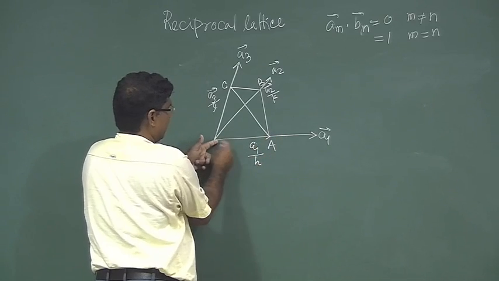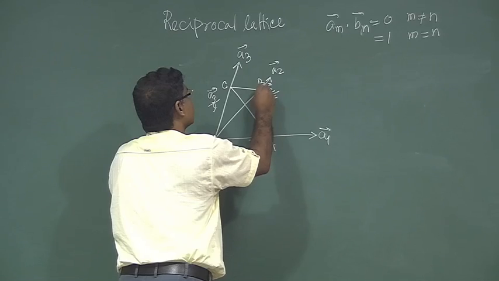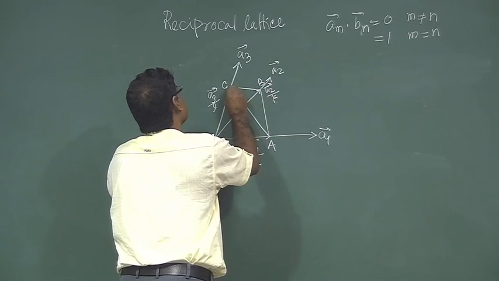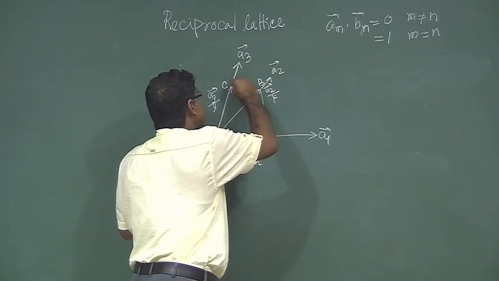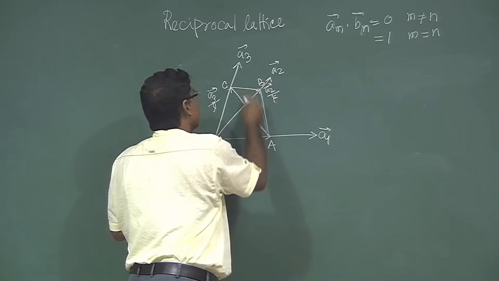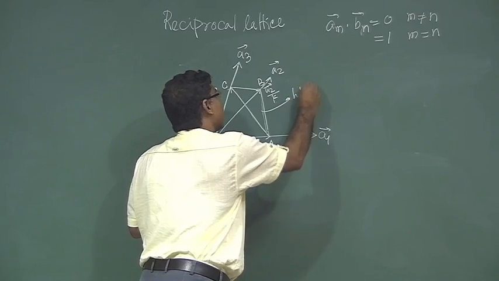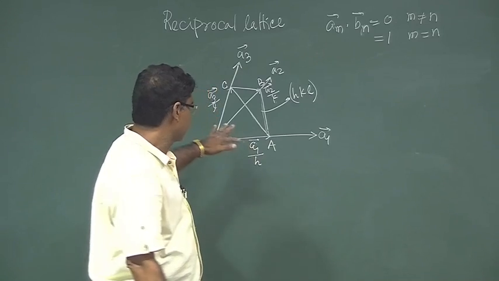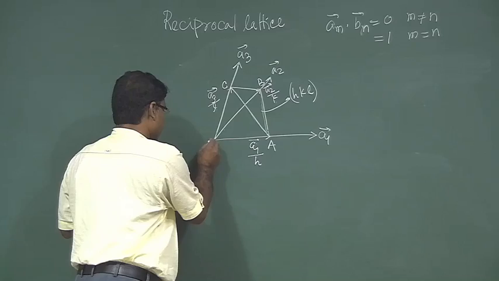So, this magnitude will be A1 by h, this will be A2 by k, and this will be A3 by l. So, this is an hkl plane. The hkl plane intersects the A1, A2, A3 axes like this. So, this is the origin.